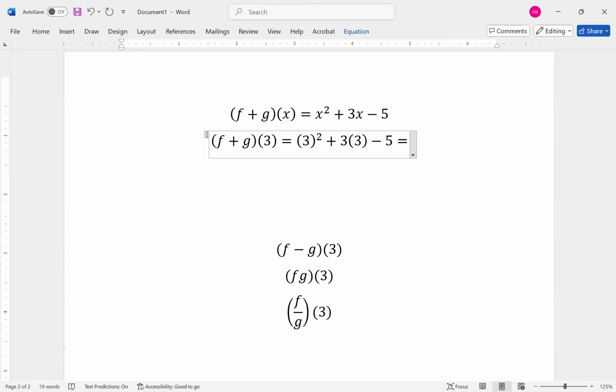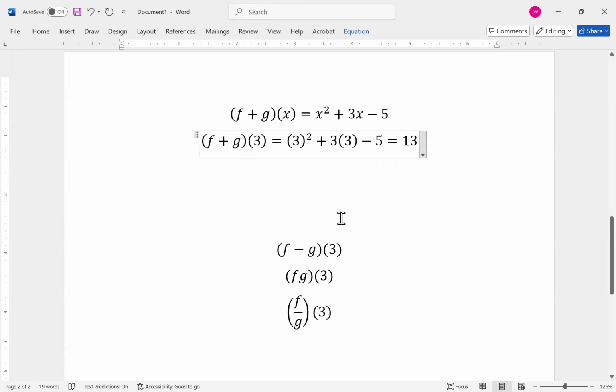Then I simplify that. That's 9 plus 9 minus 5, which is 13. And that's one way to do it.